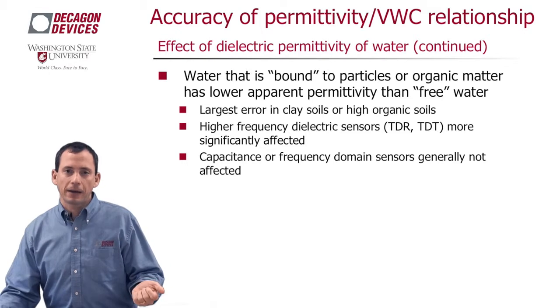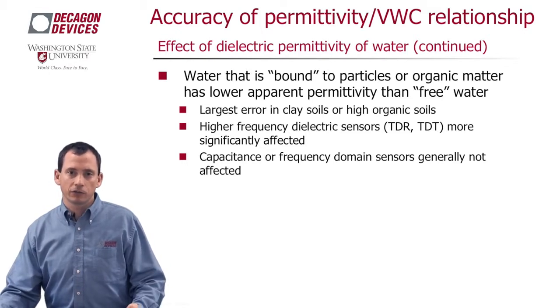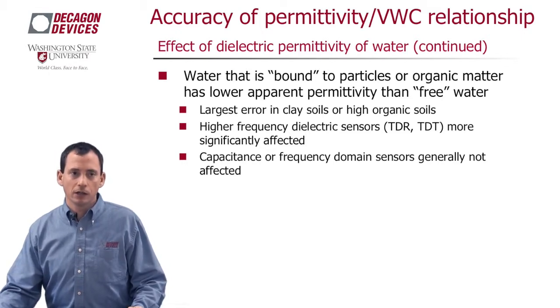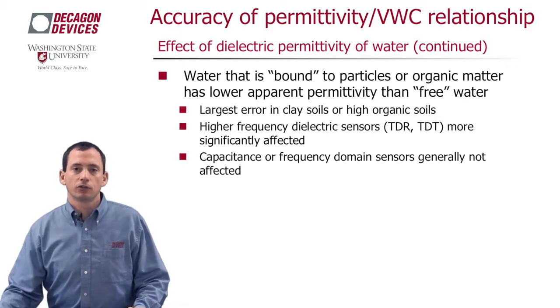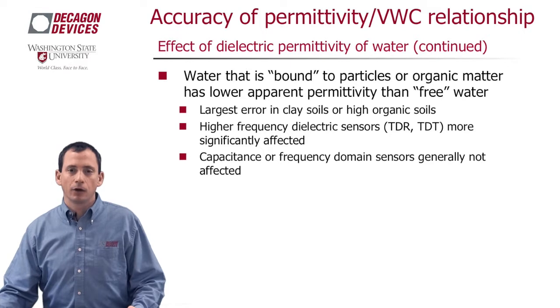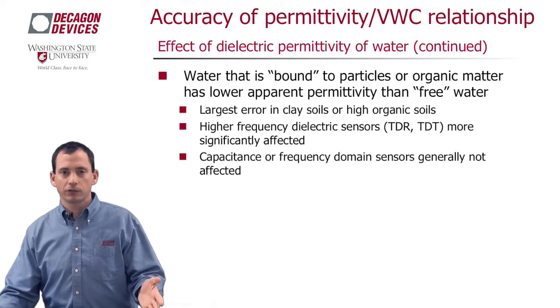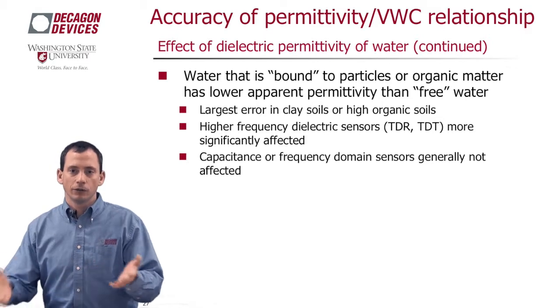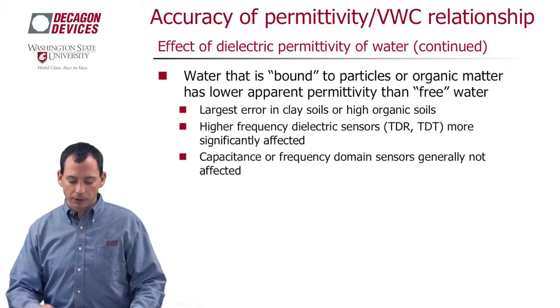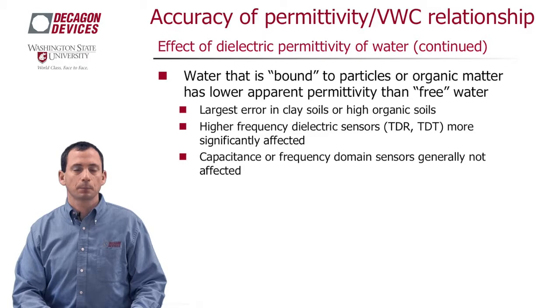Typically, the capacitance or frequency domain instruments that operate at a lower frequency aren't affected as much by that bound water. Of course, the lower frequency sensors may have more electrical conductivity sensitivity, so there's kind of a trade-off there, but it's something that you need to be aware of.